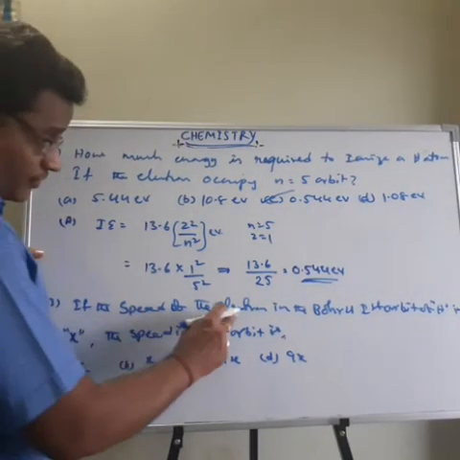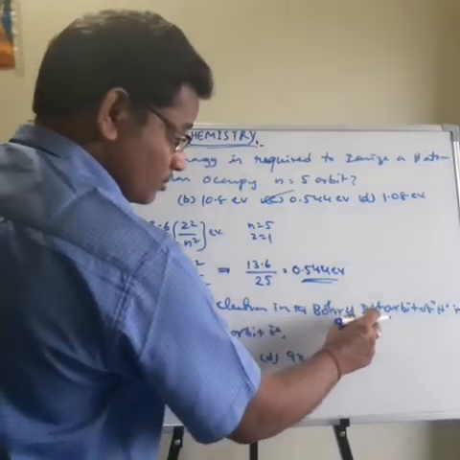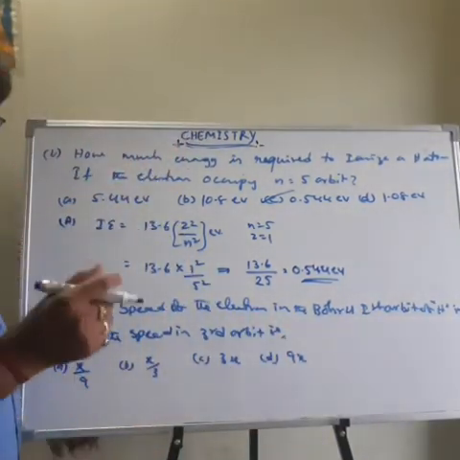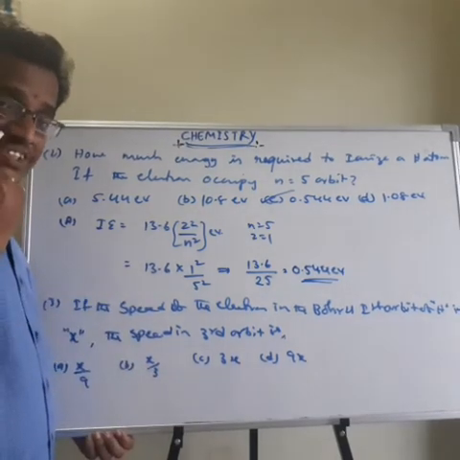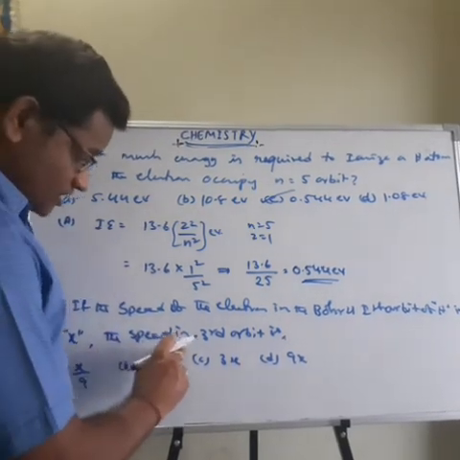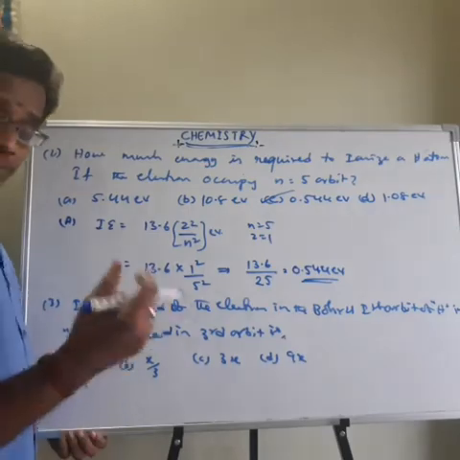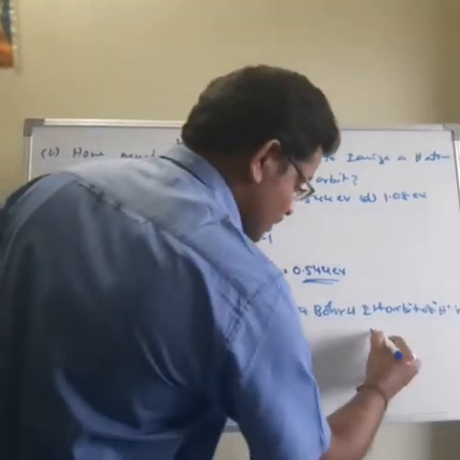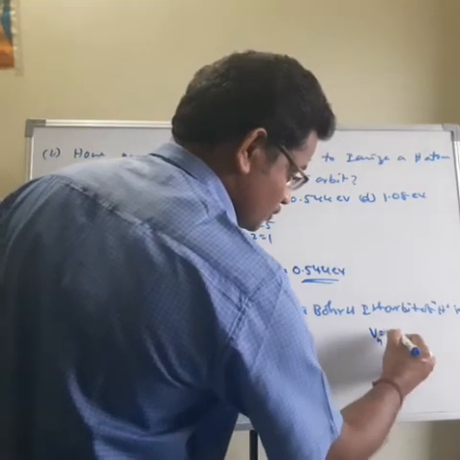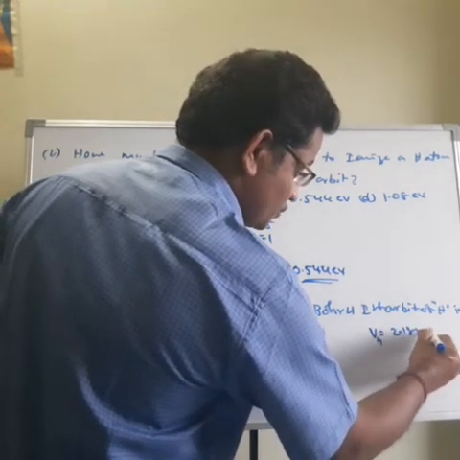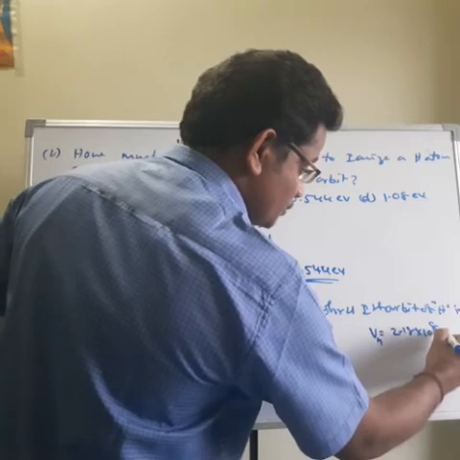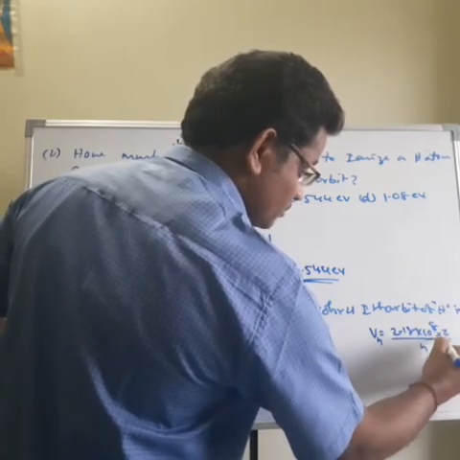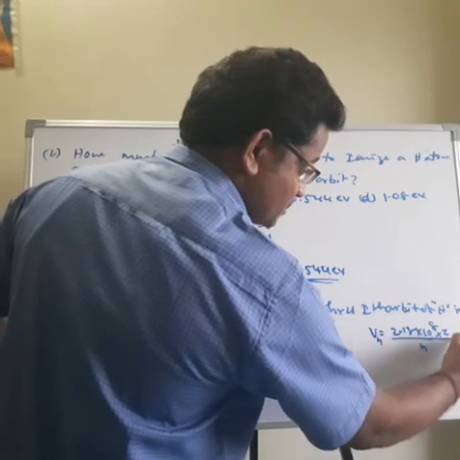Then the next one is a velocity based problem. If the speed of the electron in Bohr's first orbit of hydrogen is x, what is the speed in the third orbit? The formula for the velocity of an electron in an orbit is Vn equals 2.18 into 10 power 8 into Z by n, in centimeter per second.